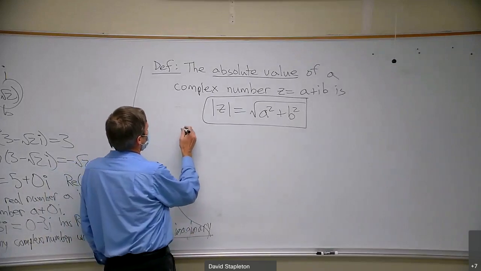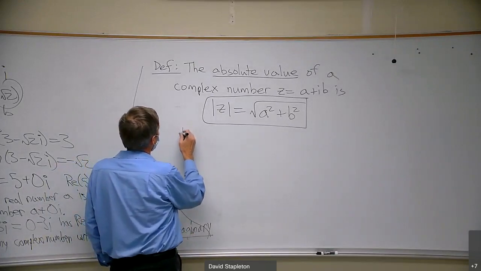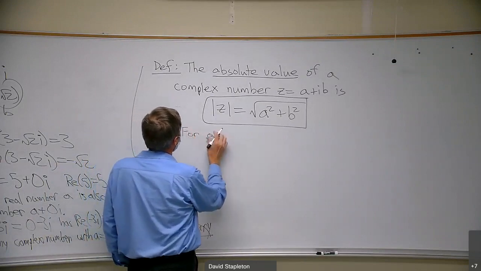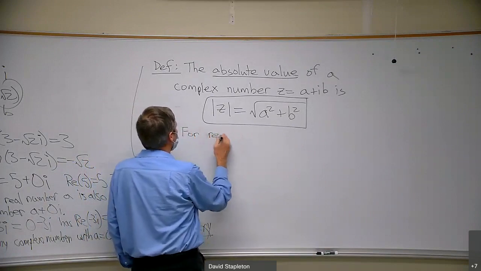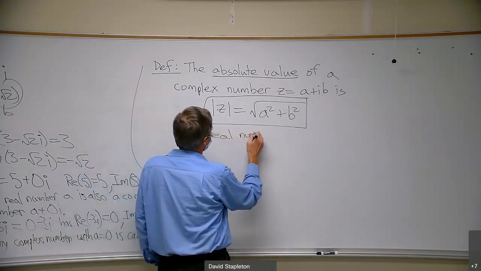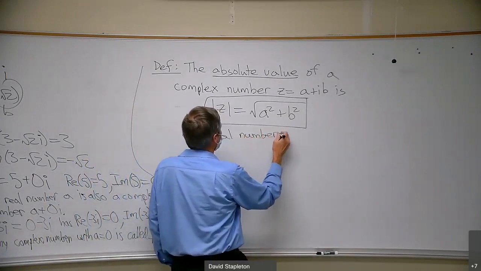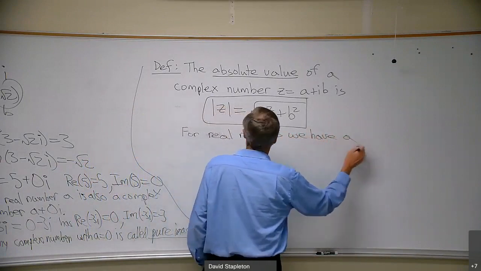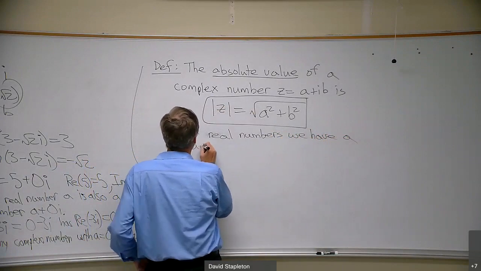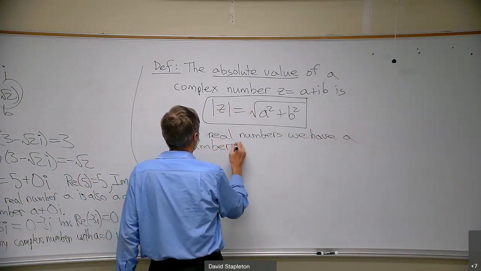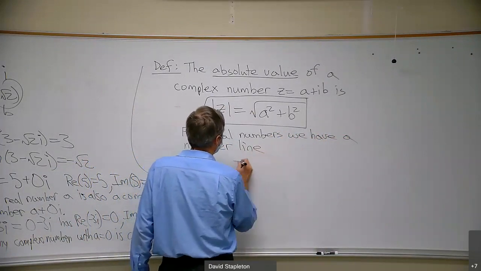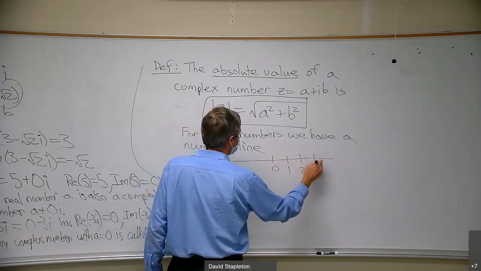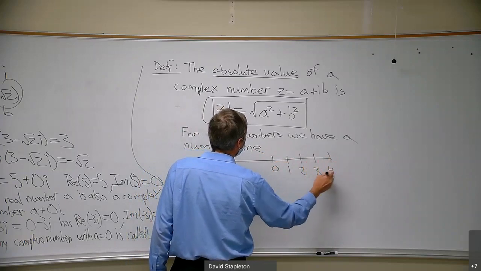Just as we have a real number line for real numbers, if we mark on here's 0, and here's 1, and here's 2, and here's 3, and here's 4.